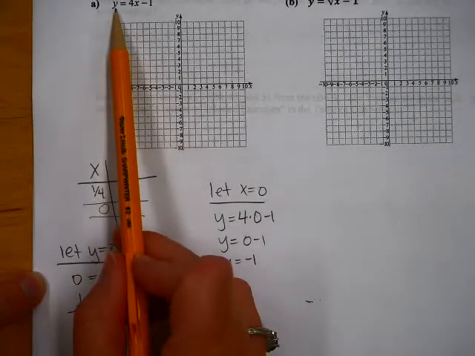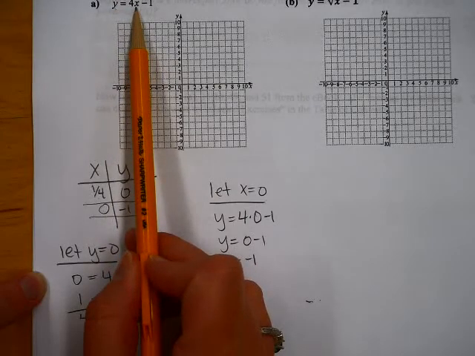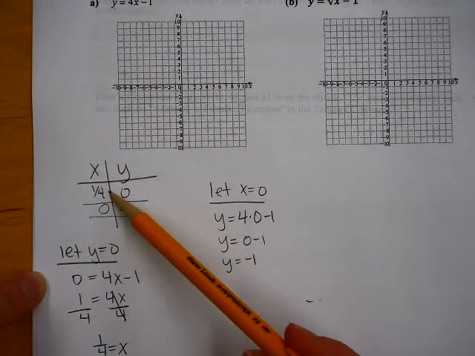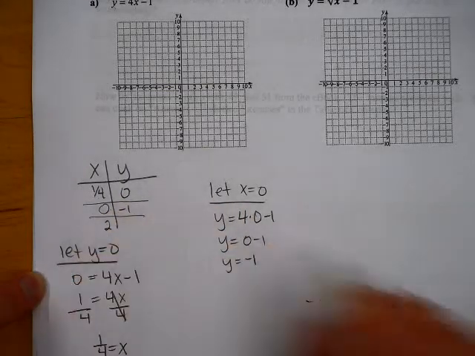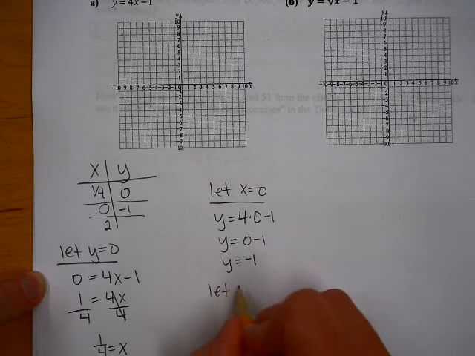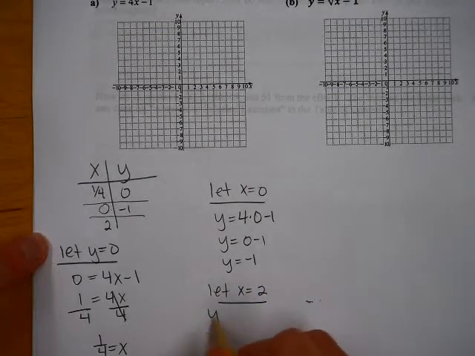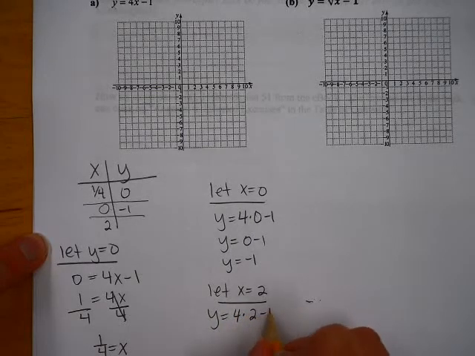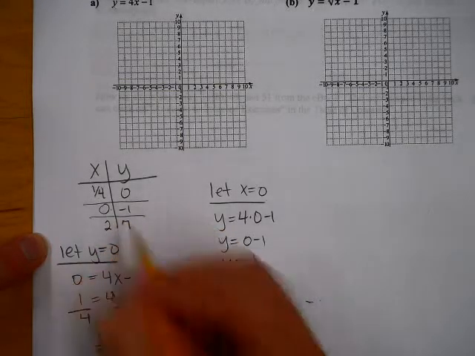Since my equation is solved for y, it might be easier if I plug in a number for x. So any number other than 1/4 or 0. So let's just pick x equal 2. Let's see what that gives us. Let x equal 2. y equals 4 times 2 minus 1. 4 times 2 is 8 minus 1 is 7. So when x is 2, y is 7.